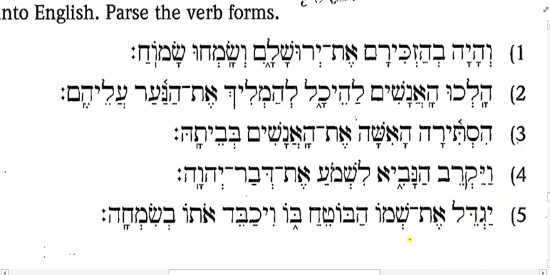Yagdel et shemo haboteach bo vikabed otho b'simcha. Or v'simcha, that's a bet with a missing dagesh lene, right? All right, so Kyle, how did you translate this first clause here? Yagdel et shemo haboteach bo.